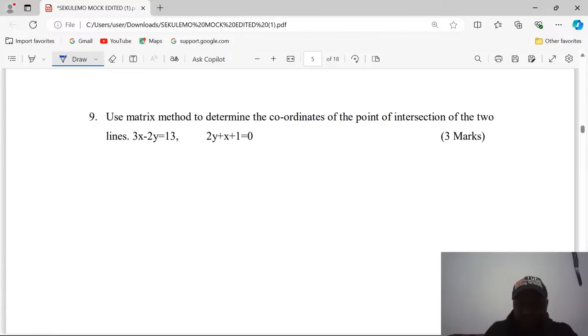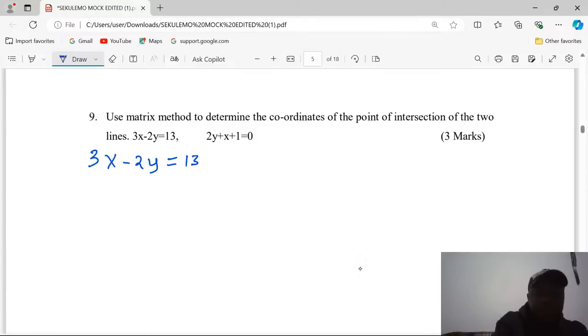All right, use matrix method. For us to use matrix method, we are supposed to ensure that the terms are aligning in the two equations. For example, if 3x minus 2y is equal to 13, then on this other side we should start with x.